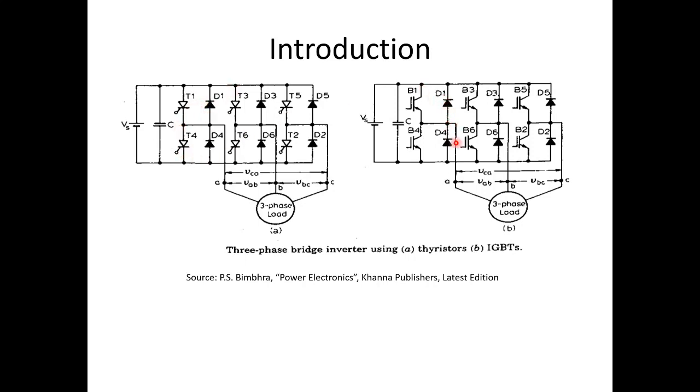Similarly, in figure B, the IGBT based inverter, we also have 6 switches. An IGBT with antiparallel diode constitutes a bidirectional unipolar switch. Each kind of inverter will have its advantages and disadvantages.